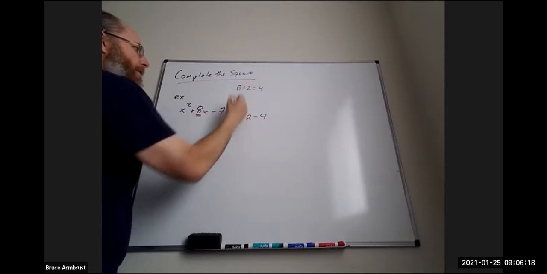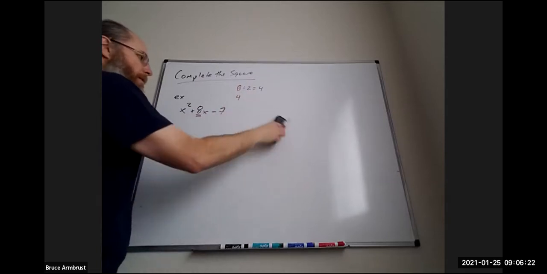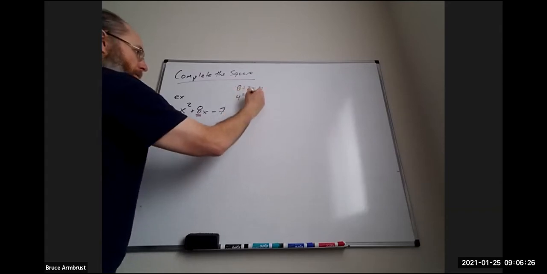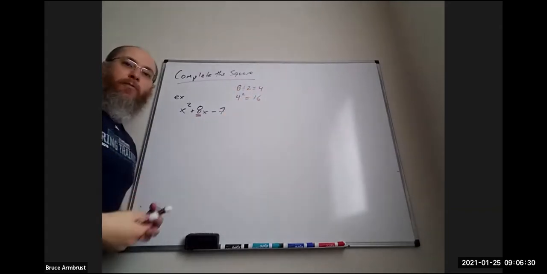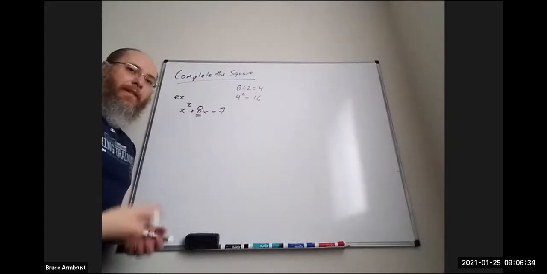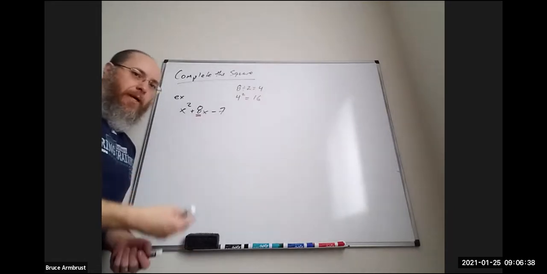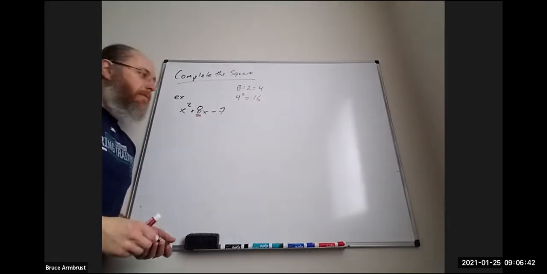All right, then we're going to take that number that we just got, 4, and square it, which gives us 16. Okay, so the process is always divide by 2 and then square. Just always divide by 2 and then square.